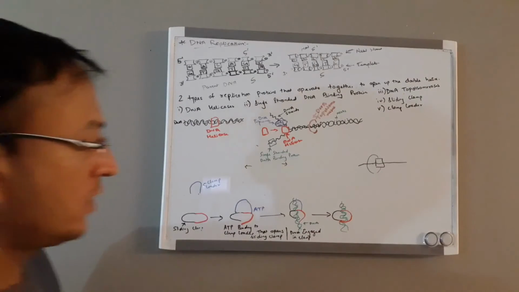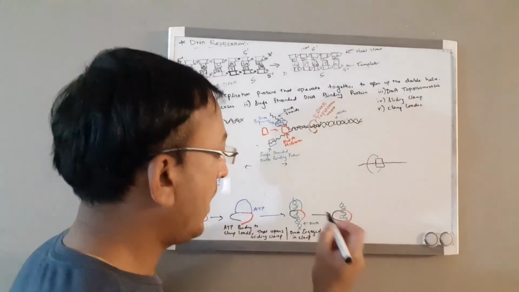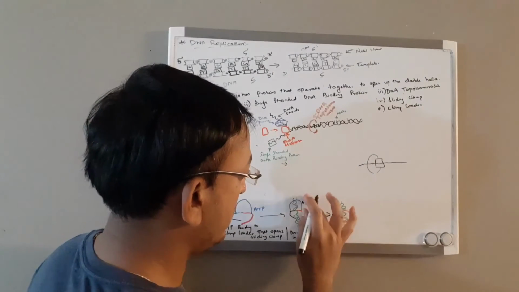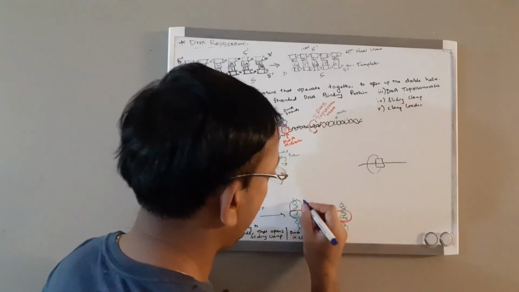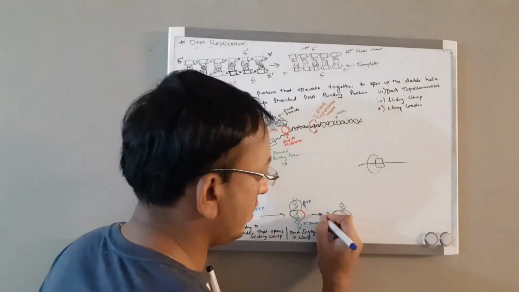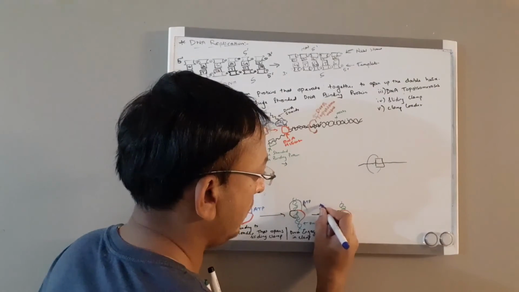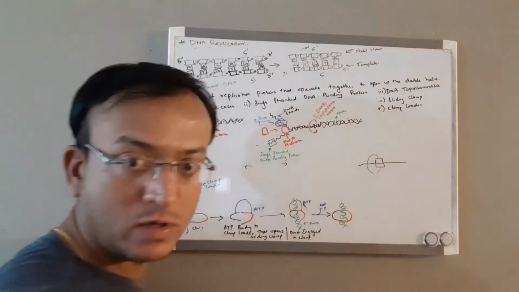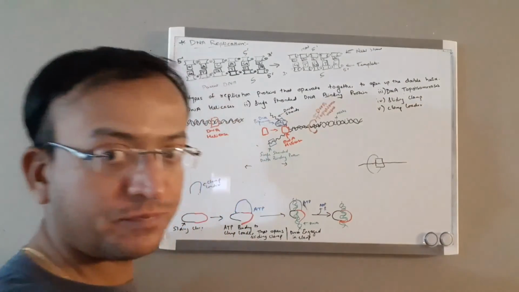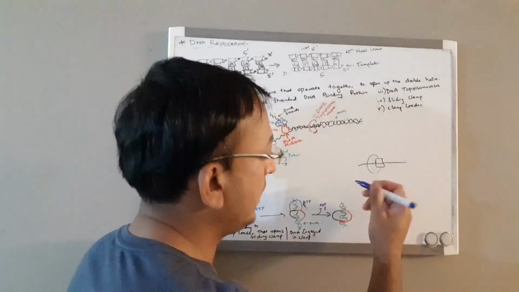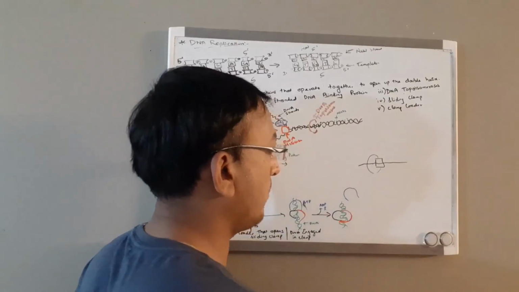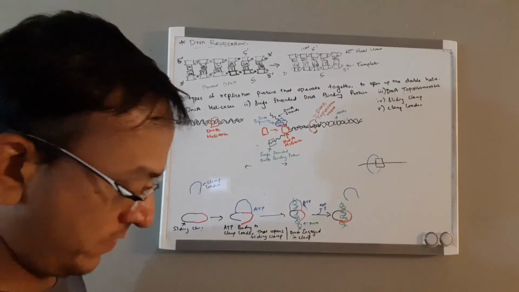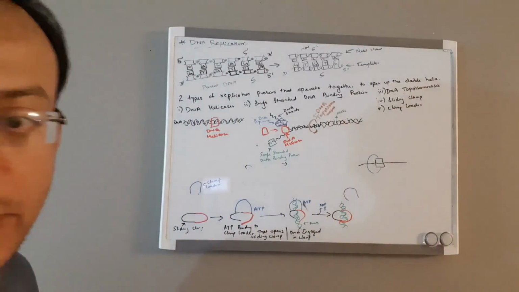So this is done by ATP hydrolysis. Let me put it in blue. ATP, right? And this is done by ATP hydrolysis. So ADP and the phosphate is released, right? And here the clamp loader is released. So this is our clamp loader that has been released, and I will write it down.